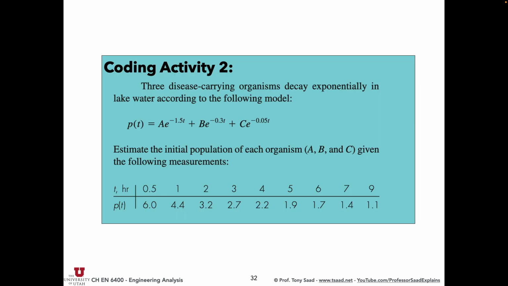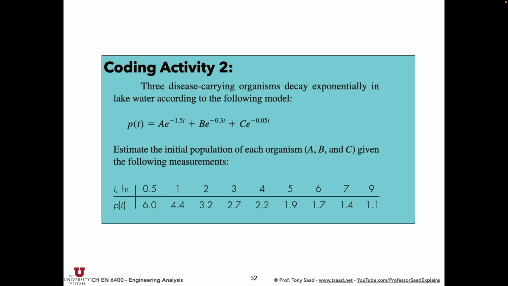All right. The first example we will work with is this one. Three disease-carrying organisms decay exponentially in lake water according to the following model. So there's some bacteria in one of the lakes, and they monitor these data usually. If you're going to spend some time at a lake or swim, oftentimes you see alerts like don't swim, the bacterial levels are high, there's algae activity going on.